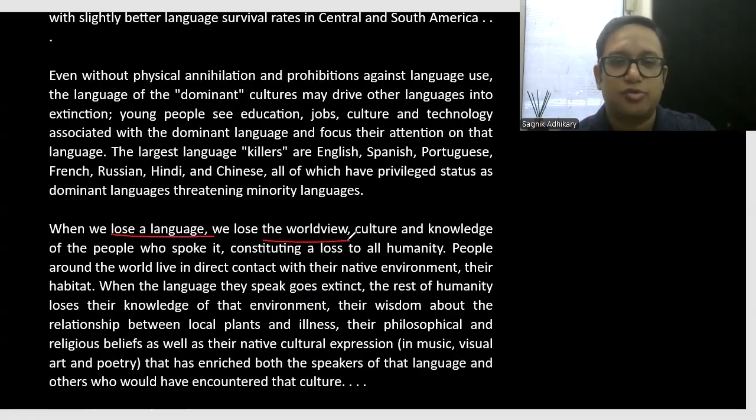When we lose a language, we lose the worldview, culture, and knowledge of the people who spoke it, contributing a loss to all humanity. People around the world live in direct contact with their native environments, their habitat.